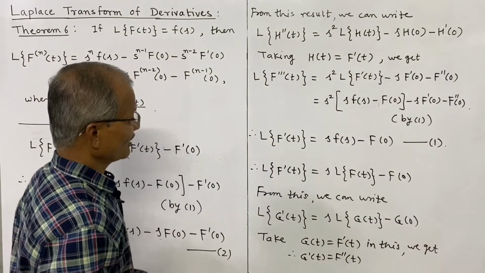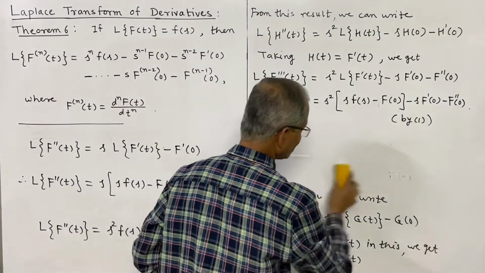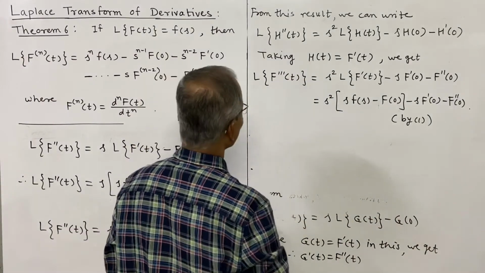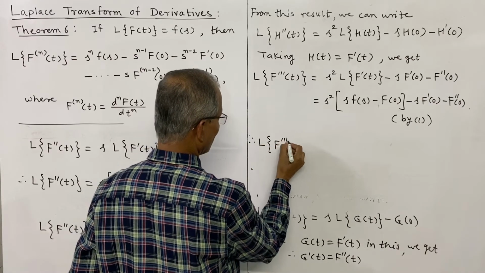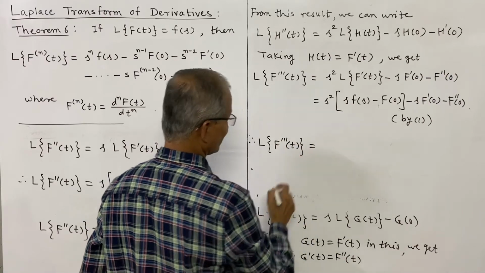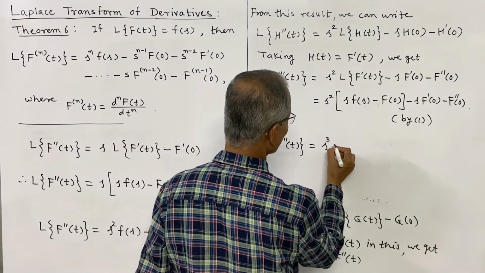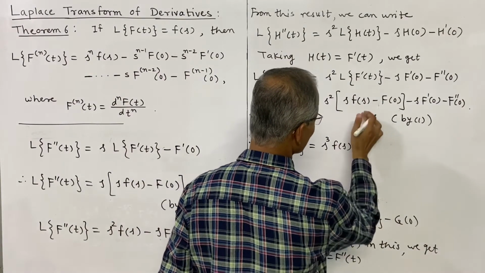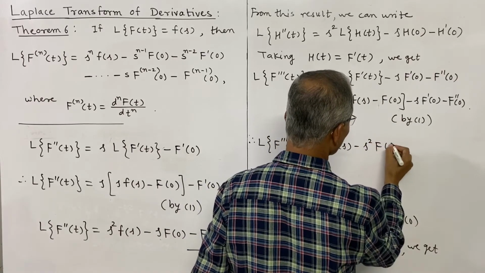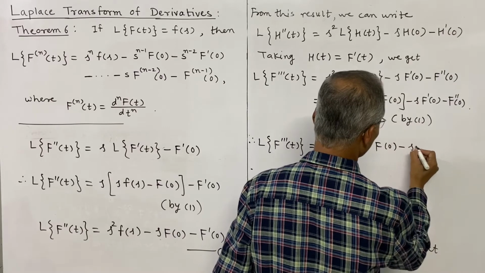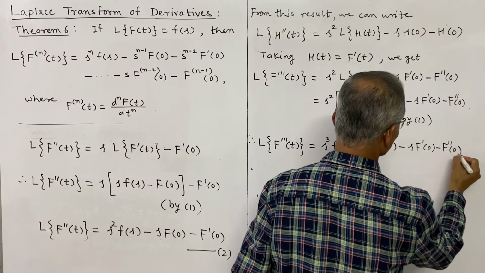Or finally the Laplace transform of the third order derivative will be L of the third order derivative, which is equal to s square into s, that is s cube F(s) minus s square f at 0 minus s f dash at 0 minus f double dash at 0.